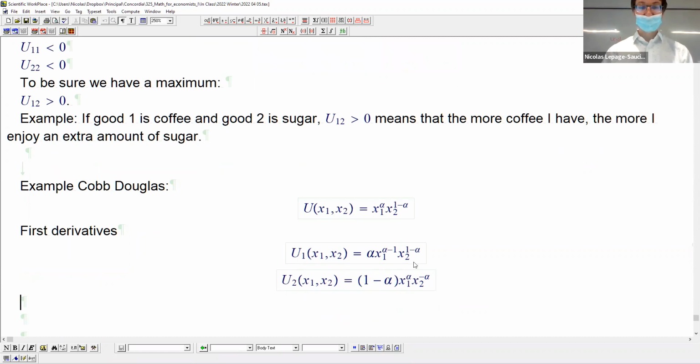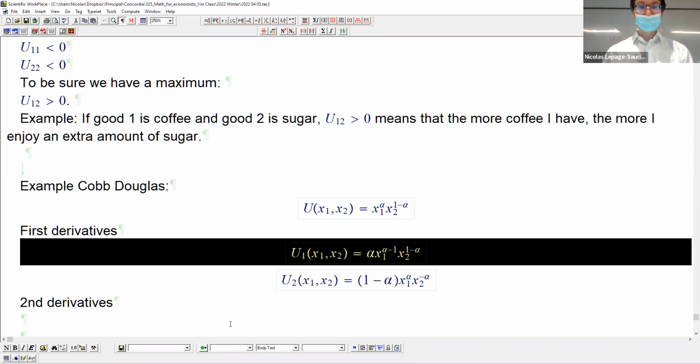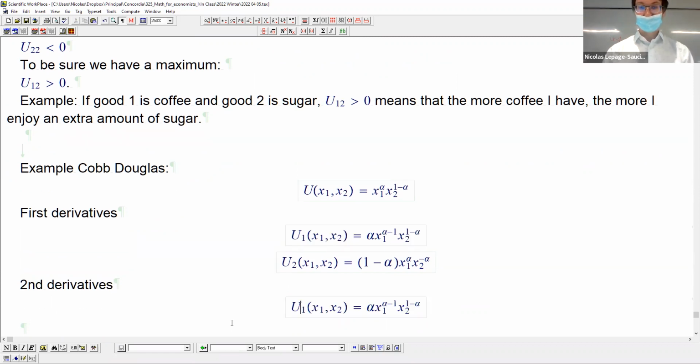And then let's look at the second derivatives. So u11 is equal to alpha minus 1, is minus 2. So is this positive or negative?